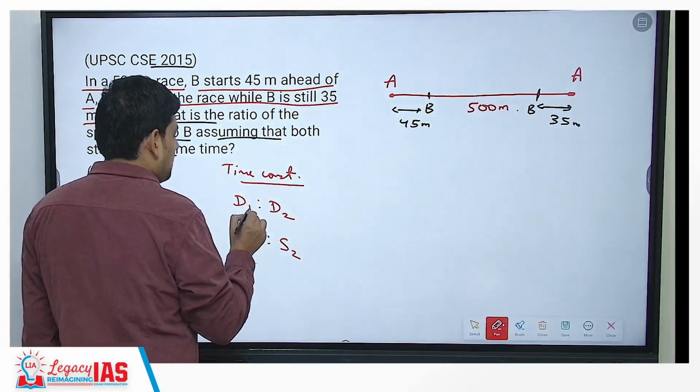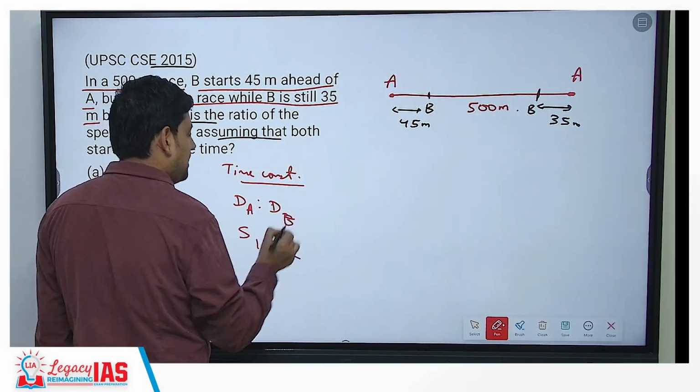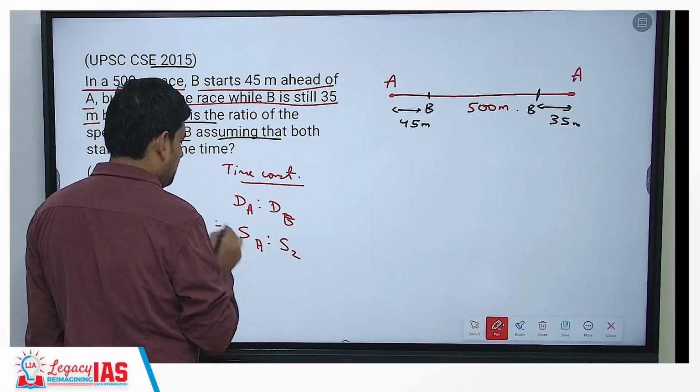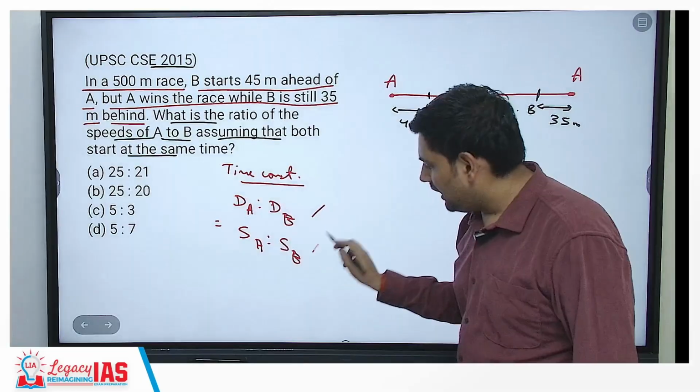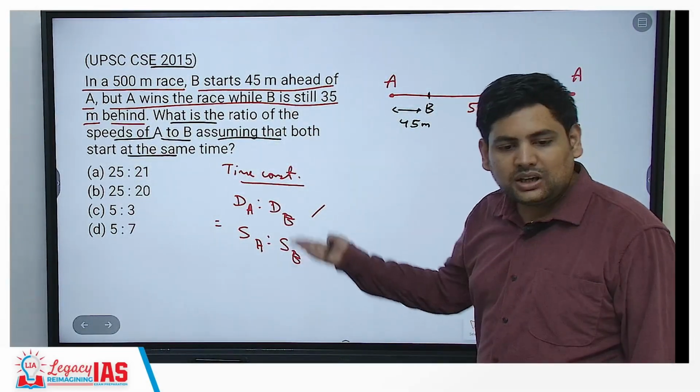That means distance traveled by A ratio distance traveled by B is equal to speed of A ratio speed of B. Actually, it will be exactly the same.